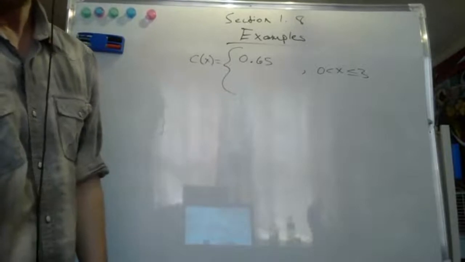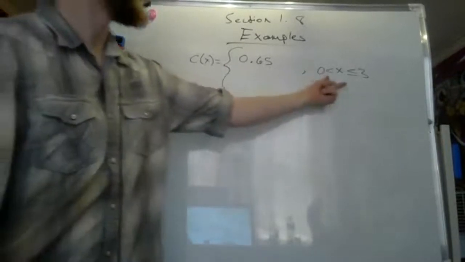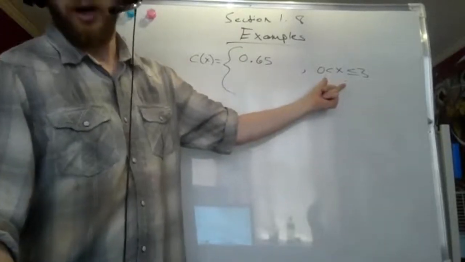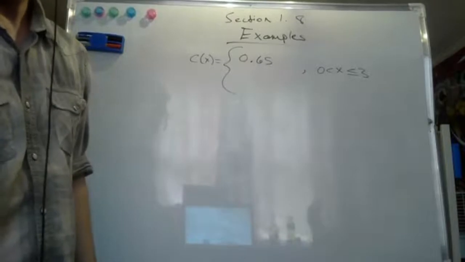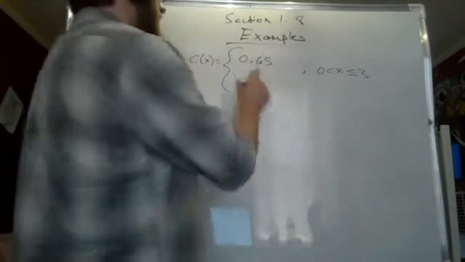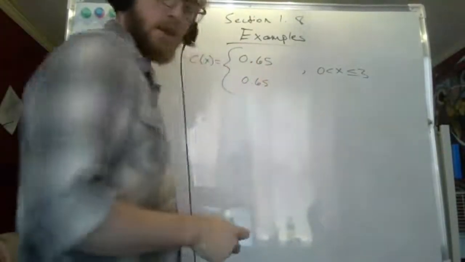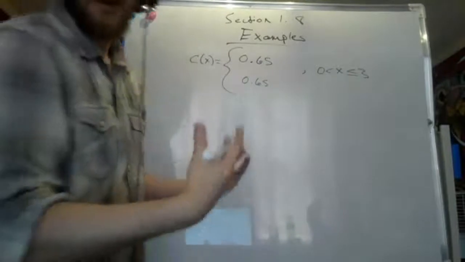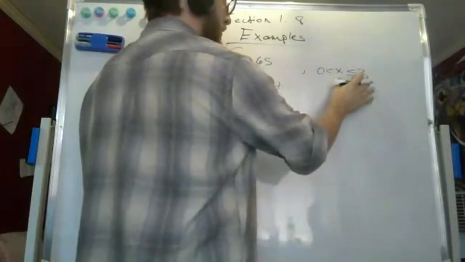So the company charges 65 cents for the first 3 minutes or less. Got it? Plus 15 cents for each additional minute. So if I go over 3 minutes, then I have my original flat rate plus 15 cents per minute over 3.